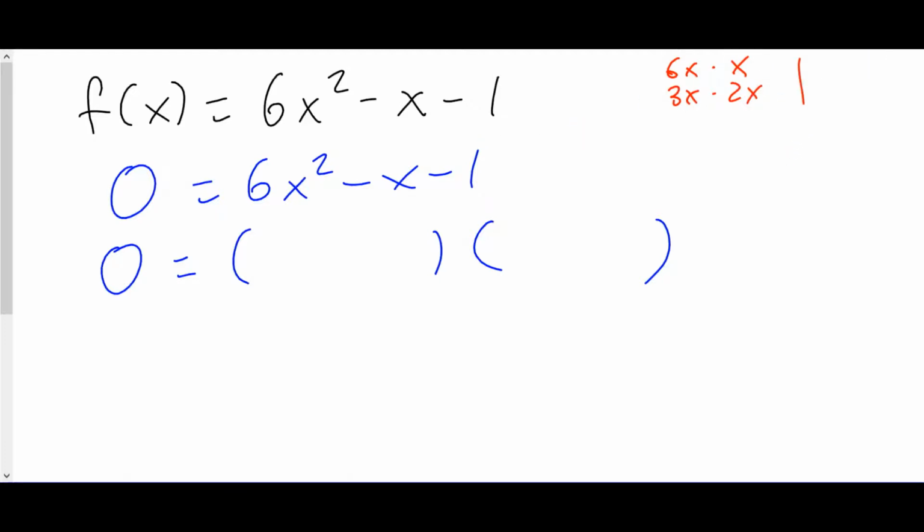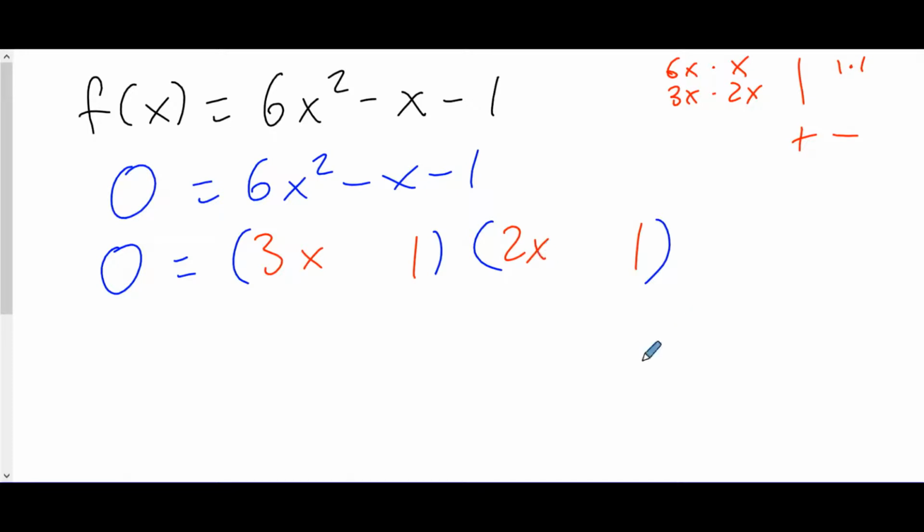But 1 is just 1 times 1. So I know the back is going to have to be a 1 and a 1. It is negative 1, so I know I need a plus and a minus. I don't know which one I want to go where. But let's try out the 3 and the 2 and see how that goes.